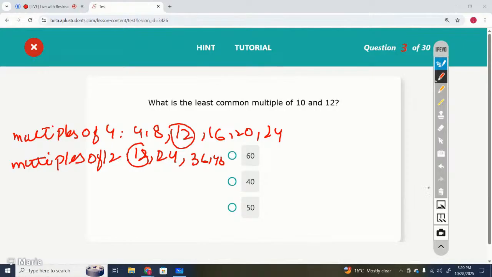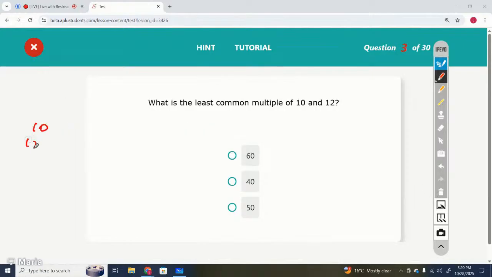The multiples of 10 are 10, 20, 30, 40, 50, and 60.